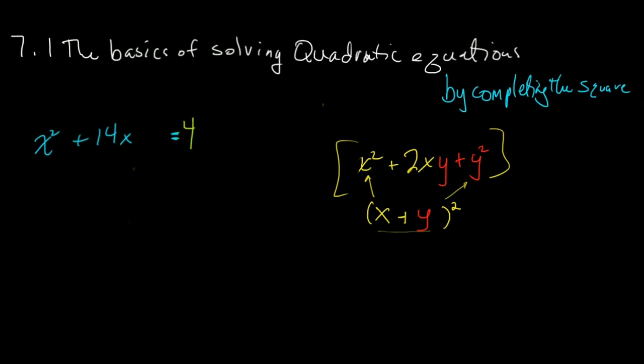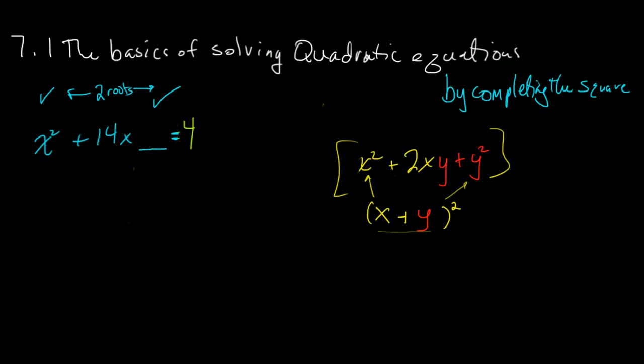So our goal to solve a quadratic by completing the square would be to manufacture this scenario, to have a first term squared, to have a last term squared, and have this term be twice the roots of those. In order to do that, I need to add another number here.